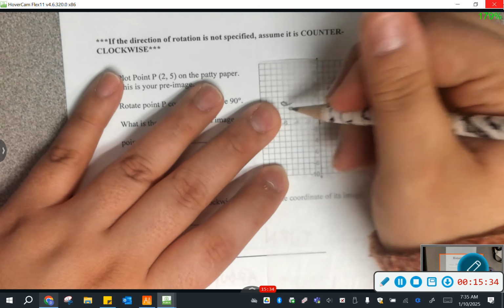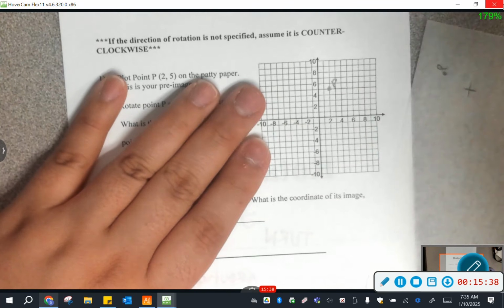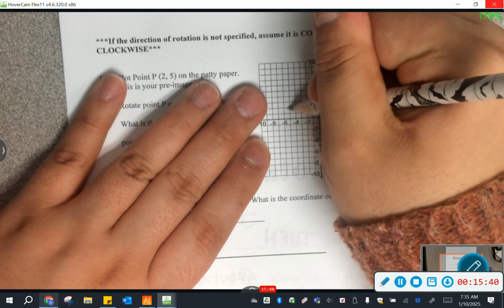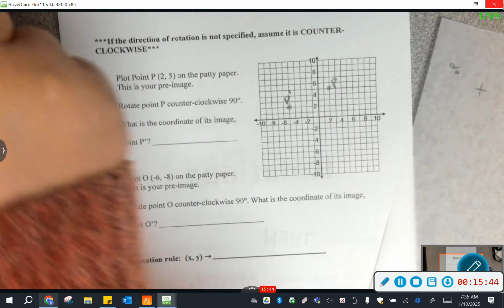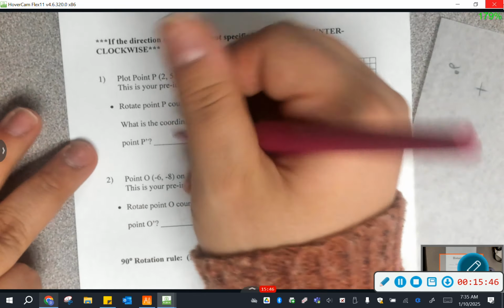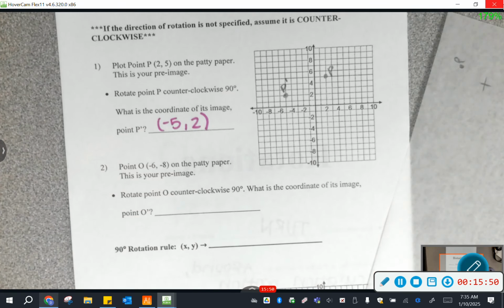Where is my new point P at? Plot that. Negative 5, 2. This is P prime, and it is at negative 5, 2. And that is how we rotate.